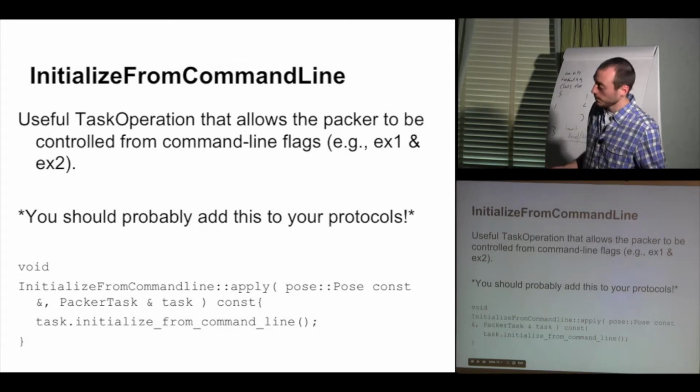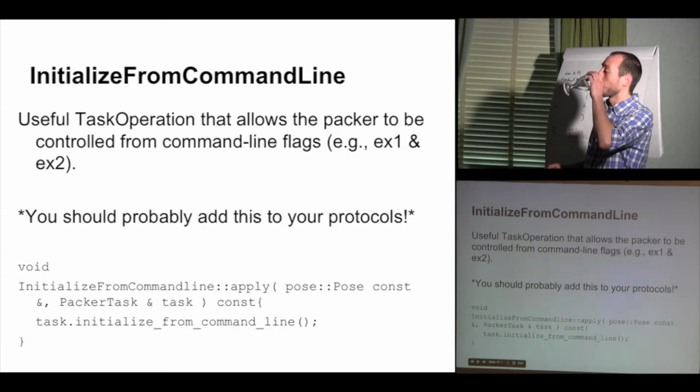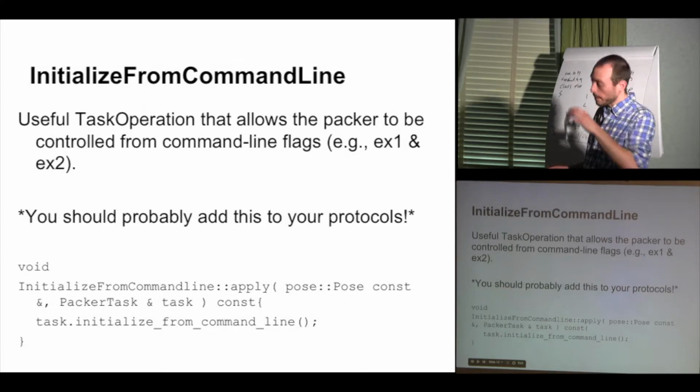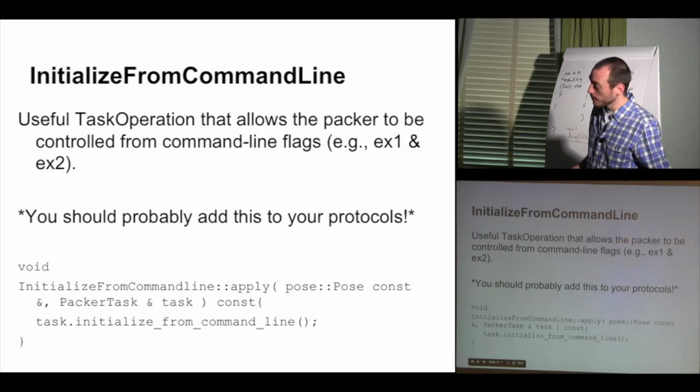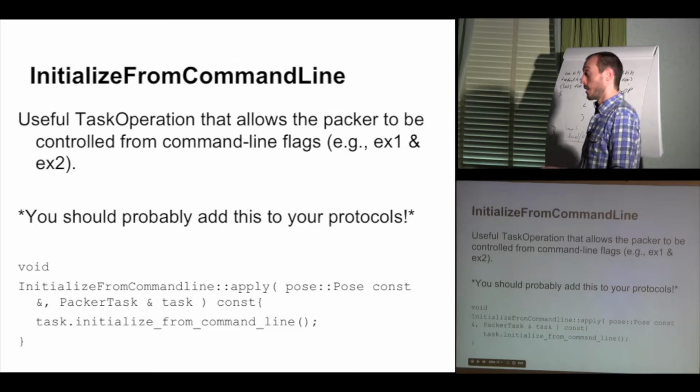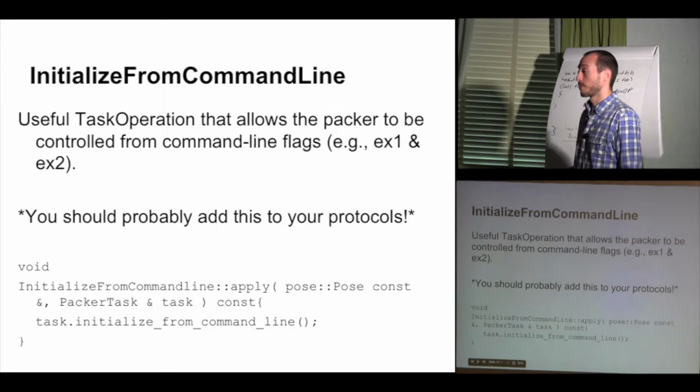So if we run this through the command line and you pass something like chi1 as an option, the job distributor will parse that. Yes, but the PackerTask might not know about that. Yes, that's fair.